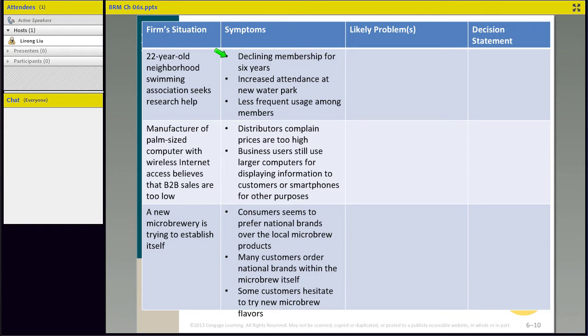There is this 22-year-old swimming association versus the new water park. That's a big difference. And the new water park is popular. So apparently, right? The problem is, well, the swimming association's facilities must be old. It's already 22 years old. If they didn't upgrade it, if they didn't do any renovation, right, it might be outdated. So that could be the likely problem that drives members away, right?